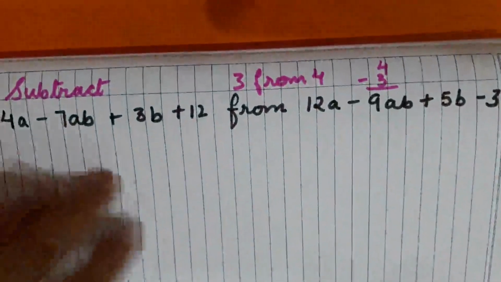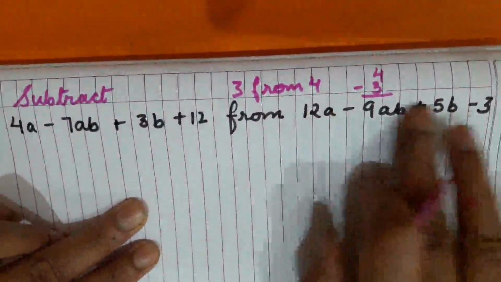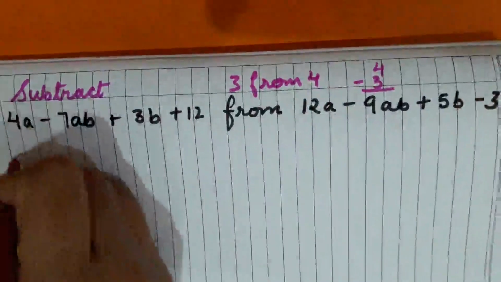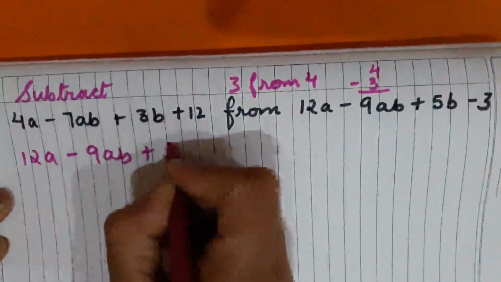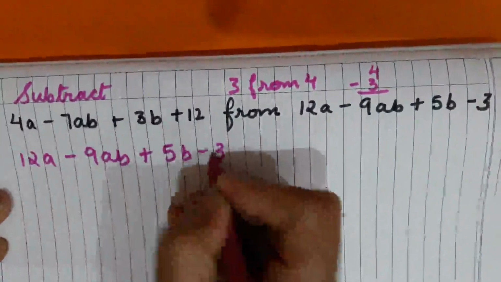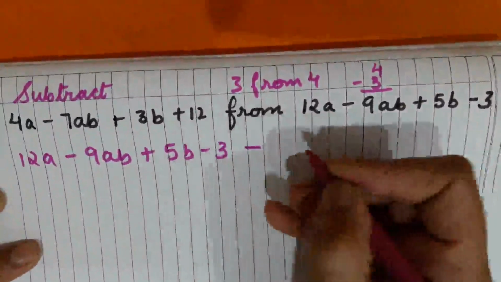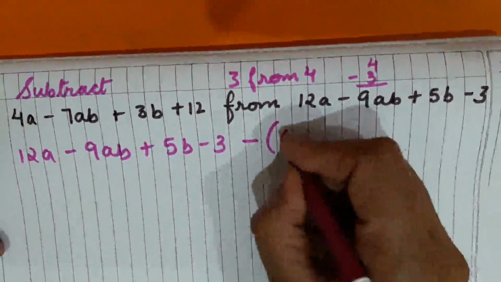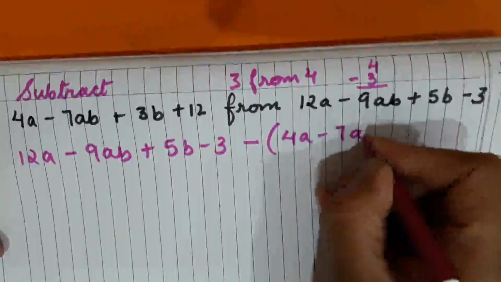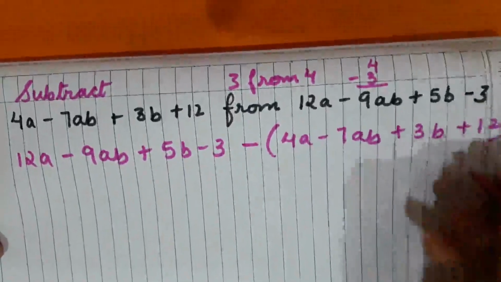So it means when subtraction is there, you have to write the rightmost portion first. So 12a minus 9ab plus 5b minus 3 you will write first, then minus, because we need to do subtraction, then bracket and write this first part: 4a minus 7ab plus 3b plus 12.